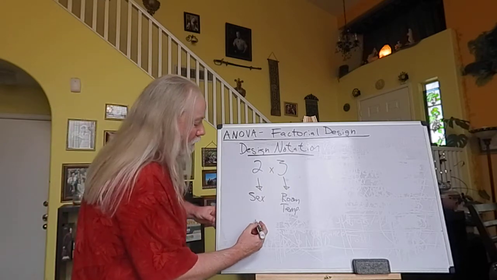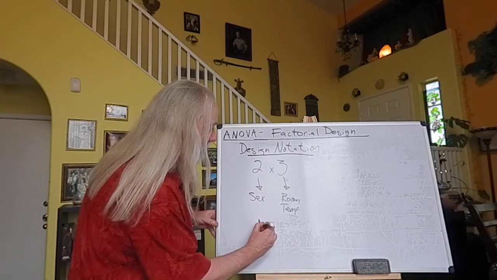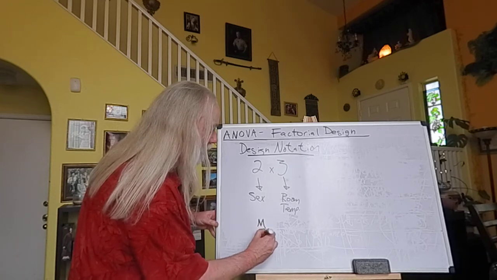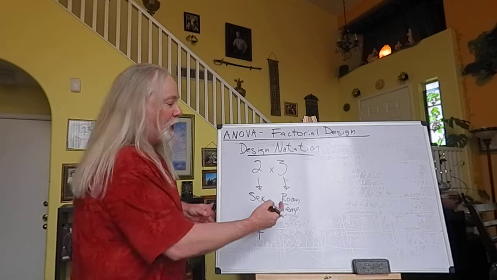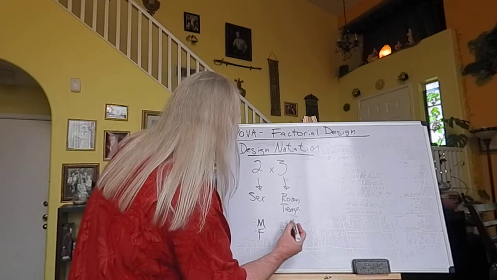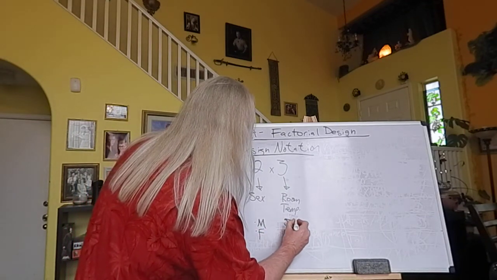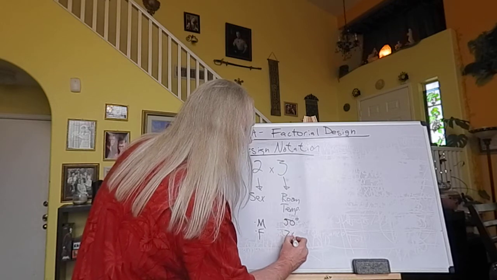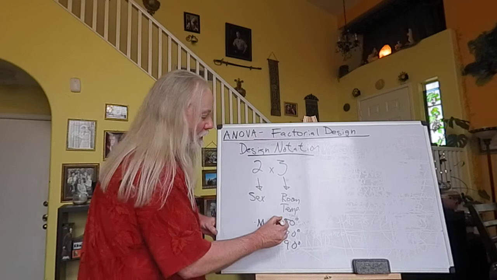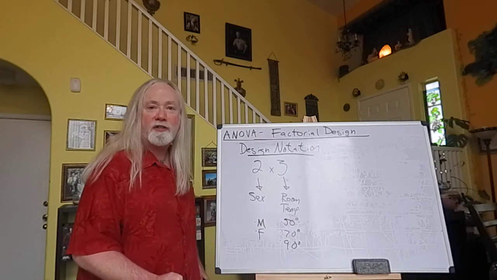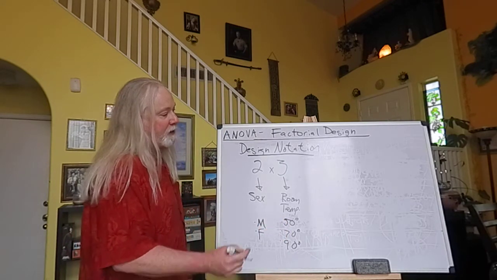So for example, we would probably be looking at biological males versus biological females. These would be my 2 versions of sex. Over here, room temperature. I might have us work in a room that's 50 degrees Fahrenheit, a room that's 70 degrees Fahrenheit, and a room that's 90 degrees Fahrenheit. There are 3 versions of temperature in this study.